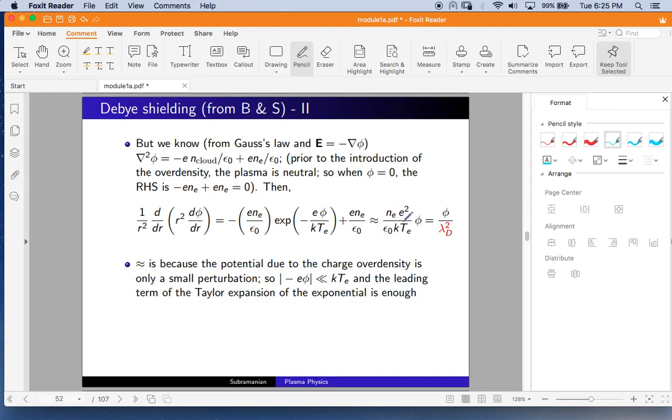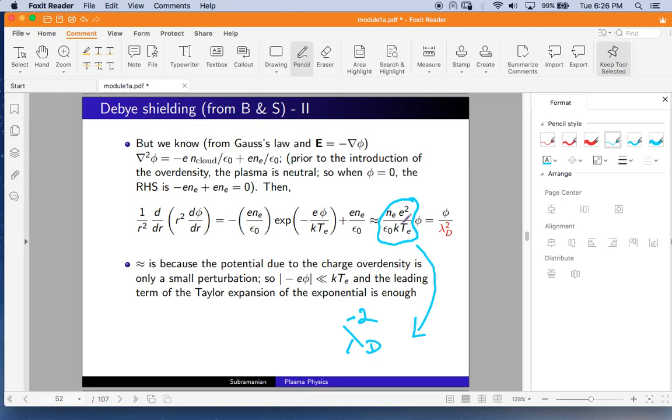Now we club all this together. We take all of this stuff and we write these. This entire quantity has the dimensions of 1 over length squared, and that is, as we will see, what's called the Debye length.